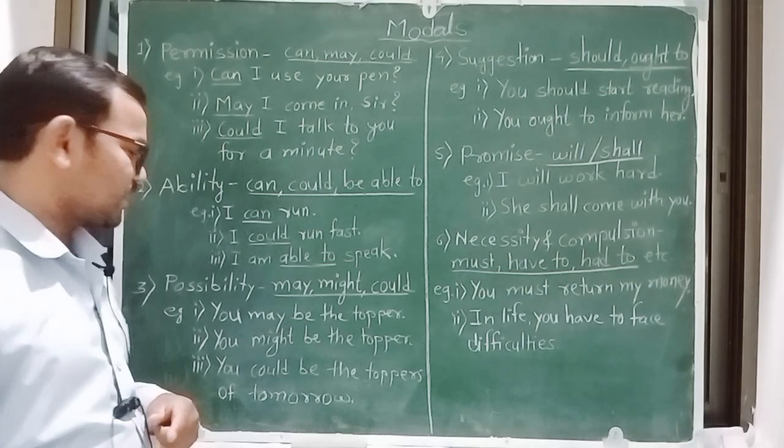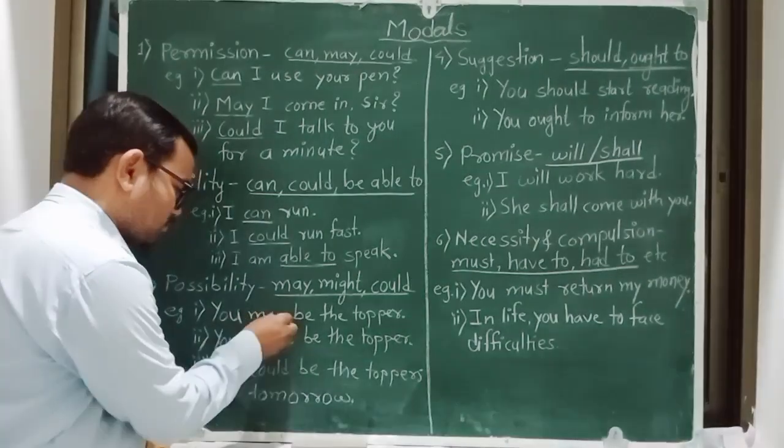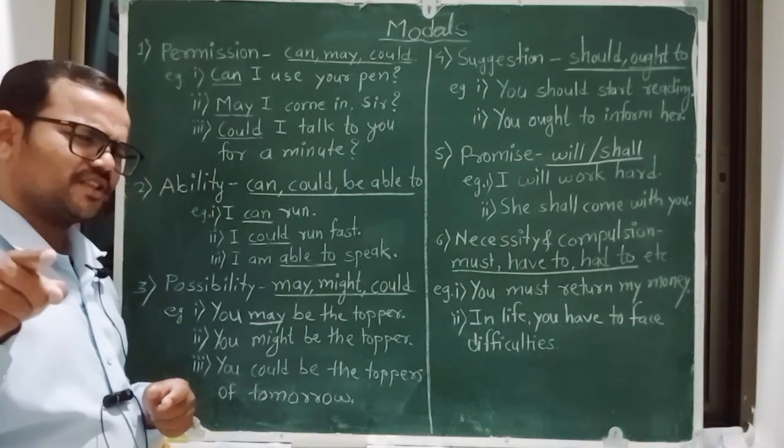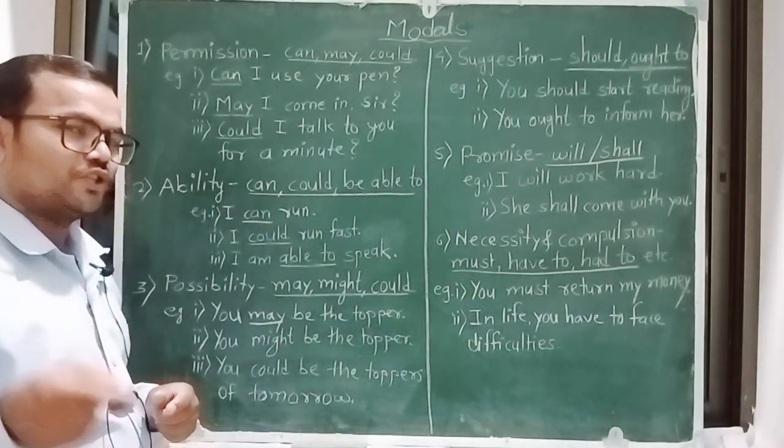Here, could is the auxiliary which expresses possibility. So you could be the topper of tomorrow, right? Could expresses possibility in the future. As we use the word tomorrow over here, it indicates that there is a possibility in the future that you could be the topper of tomorrow.